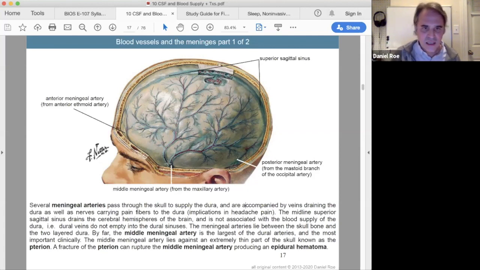And this is the culprit in epidural hematoma. Somebody gets hit in the head, for example, in a car accident, they get hit hard in the head, they crack their skull, maybe a depressed fracture, which cuts the middle meningeal artery, one of its branches, or dissects the middle meningeal artery, to use a more technical term, and it bleeds into the epidural space, the space between the dura mater and the skull.